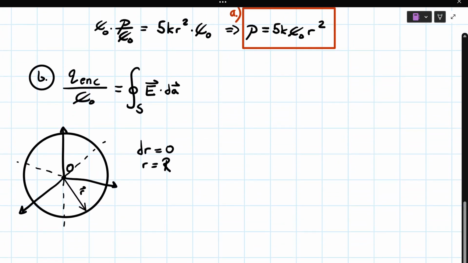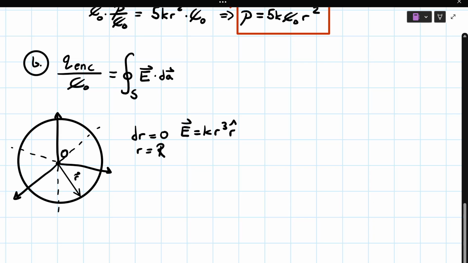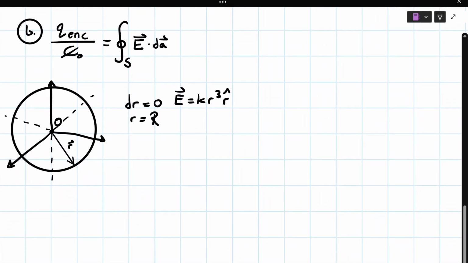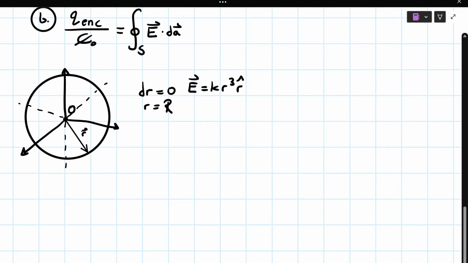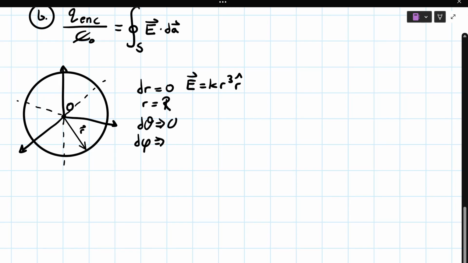We know that E is kr cubed in the r direction. And we know that our differential area element here, we're only going to include what's in the r hat direction, and the r hat direction will have d theta and d phi. We know that d theta will have limits of integration.